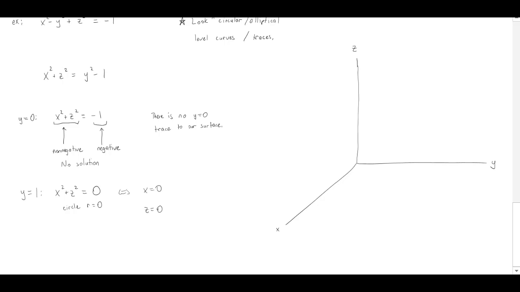But notice that we are also at a specific y value of y equals 1. So when y equals 1, x and z are equal to 0, which will give us that point right there along the y-axis. Okay, so we found a point on our surface.